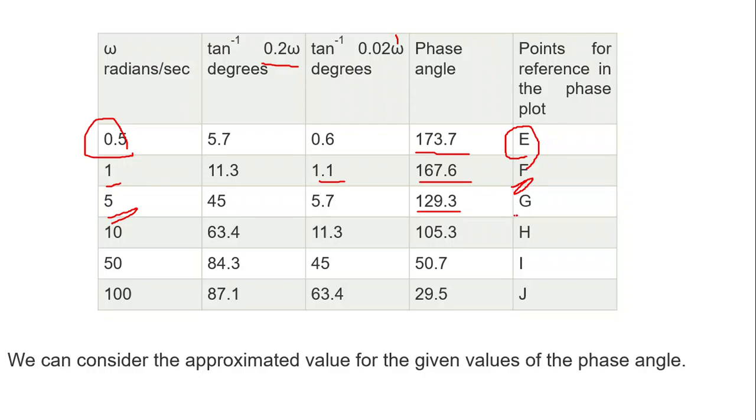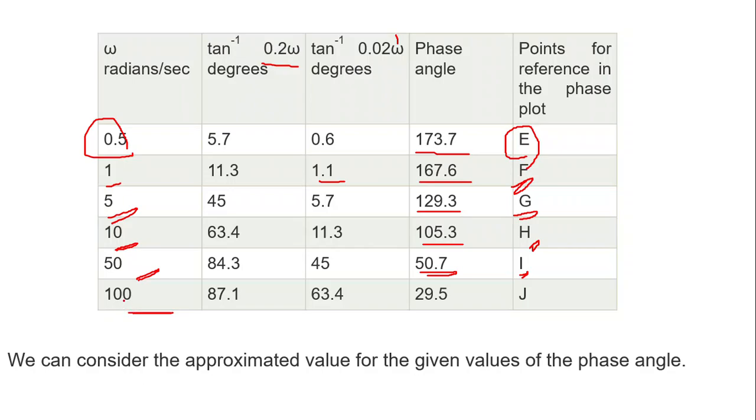In the similar graph it is marked as capital G. After that we take omega value 10. The corresponding phase angle is 105.3 degree, represented as H. Then omega value 50, the corresponding phase angle is 50.7, marked as capital I in the Bode plot.